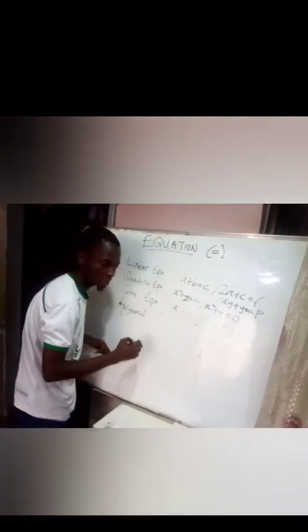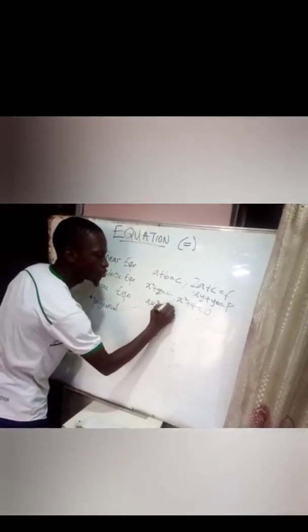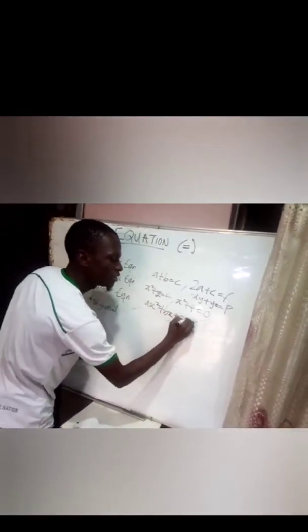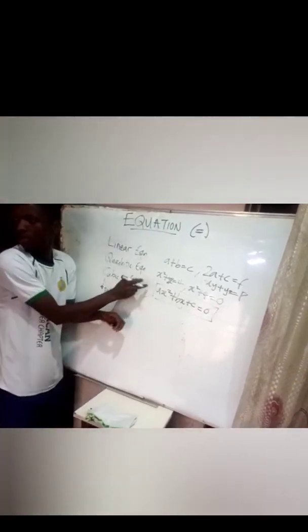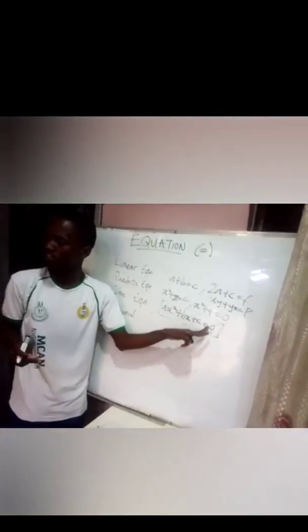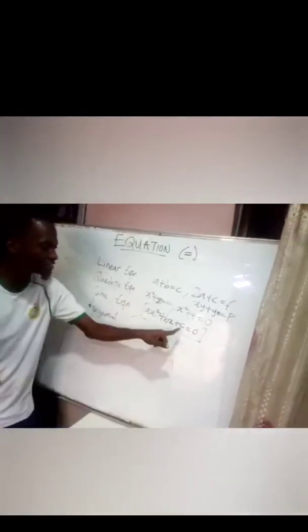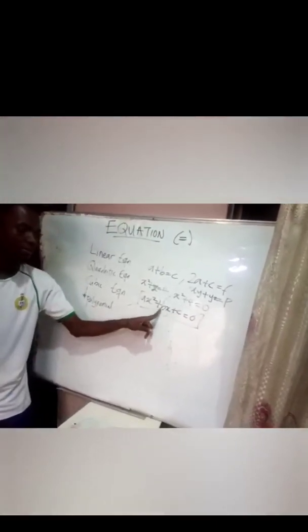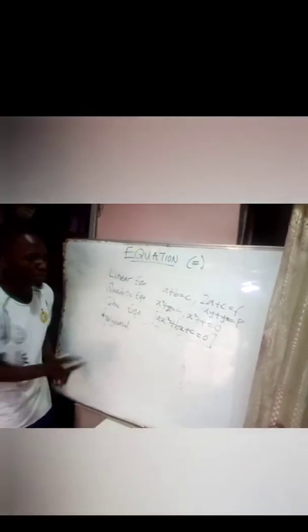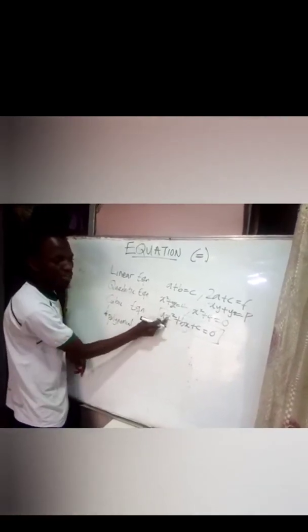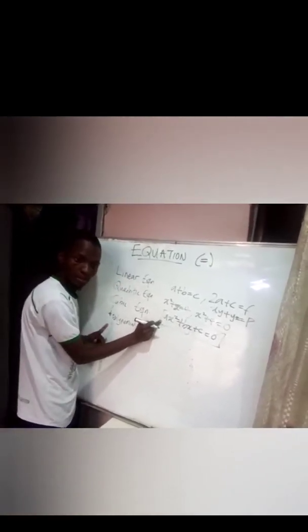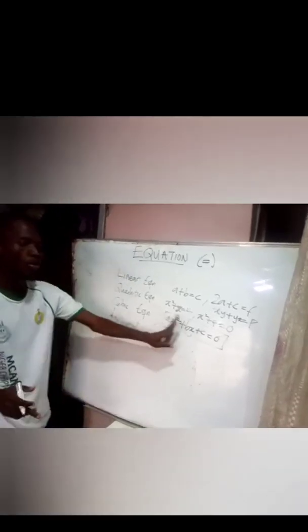This is the general form of quadratic equation: ax squared plus bx plus c is equals to 0. Remember, always take note of this. This is the general form of what? Quadratic equation. ax squared plus bx plus c is equals to what? 0. This c here means it's a constant. This b here means b is the coefficient of what? x. The meaning of coefficient is the alphabet or the number with a sign in front of the digits. The coefficient of x squared is what? a. Is it clear? So that is for quadratic equation.